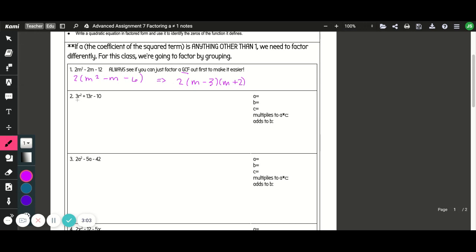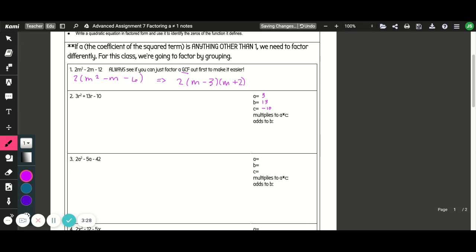Remember that if you have it in standard form, which means the squared term first, the term with a 1 as an exponent second, and the constant last, then the first number is your A, the second number is B, the third number is C. So in this case, my A is 3, my B is 13, and my C is -10.